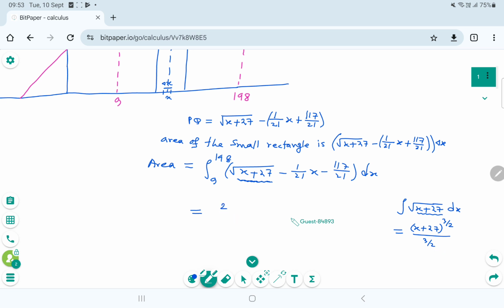So this part will be 2 over 3 times x plus 27 to the power 3 over 2, minus this part: x squared over 2 times 1 over 21, minus 117 over 21 times x, and the limits will be these.